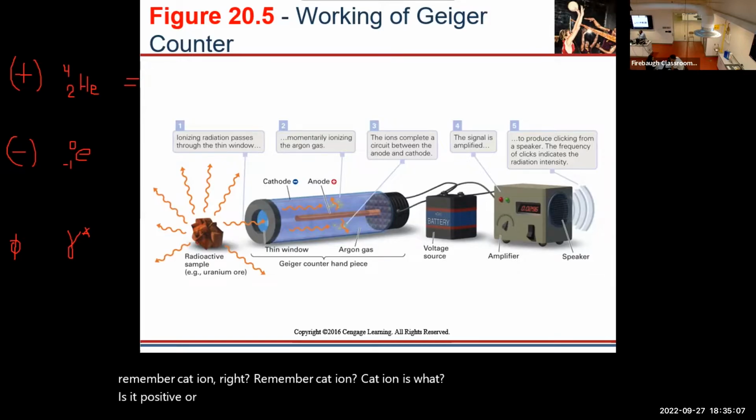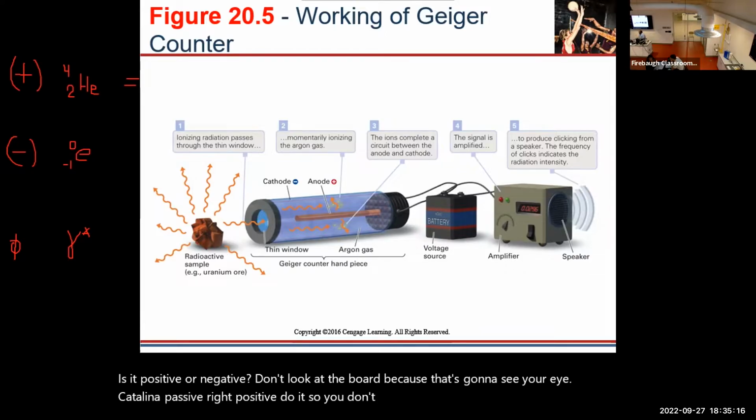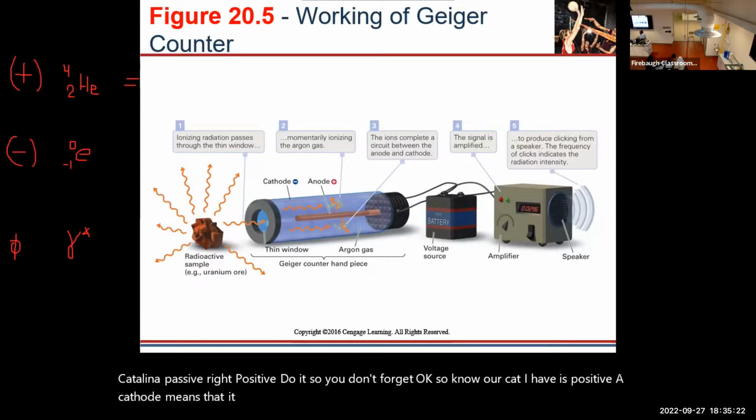Don't look at the board. We know a cation is positive. Cathode means that it accepts positive charges, so that means it's going to have a negative charge.